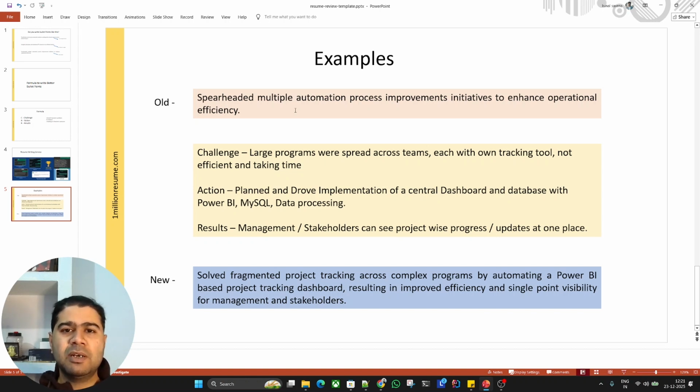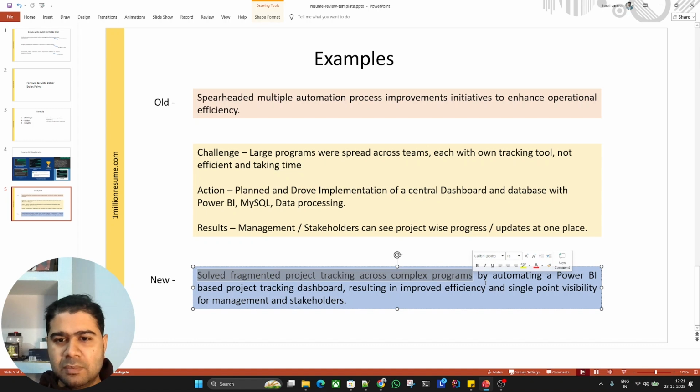Now if we implement our formula on this point and rewrite it, it becomes: solved fragmented project tracking across complex programs. So this is the business problem that this candidate was trying to solve, by automating a Power BI based project tracking dashboard.